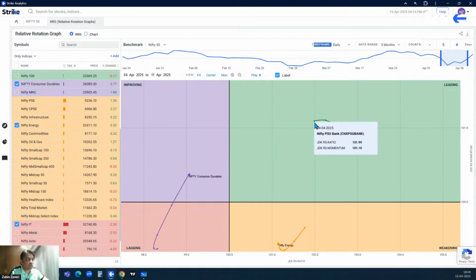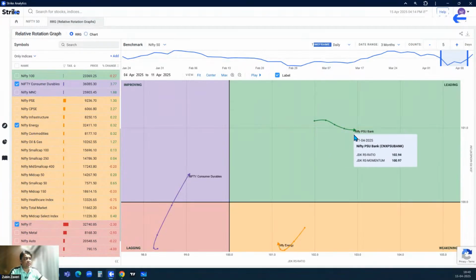The RS ratio was 101.99 5 days back. Then it was 102.26, so it improved. 102.46, it improved slightly. 102.69 and 102.94. So in the last 5 days the RS ratio of PSU Bank has improved. So it is outperforming the benchmark currently.